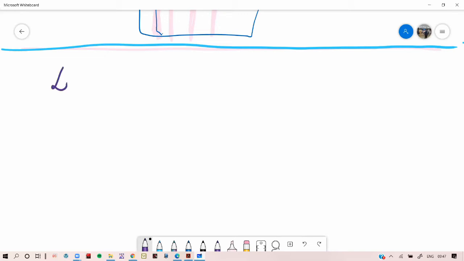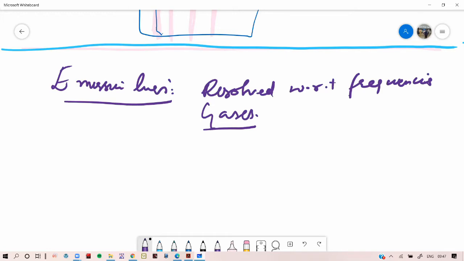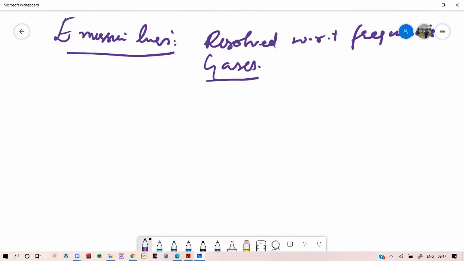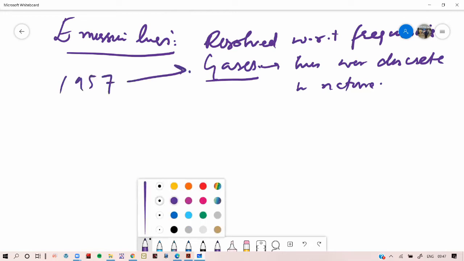These emission lines were resolved with respect to frequencies. The lines were discrete in nature, and this was studied in 1957.